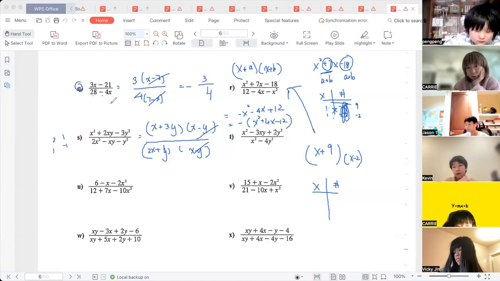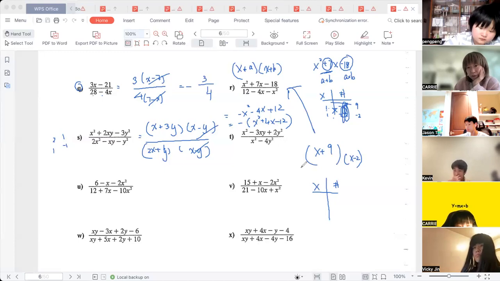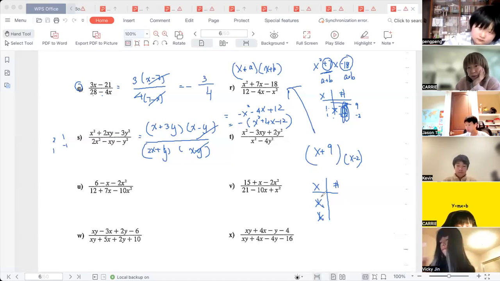Okay, so let's take a look at this one. We see the number in front of x squared is 1, so we put 1 there. That means 1x and a 1x. Get it? So x times x equals x squared. And we take a look at the negative 12. In order to make negative 12 when multiplied and positive 4 when added, that means what? Positive 6 and negative 2, correct?